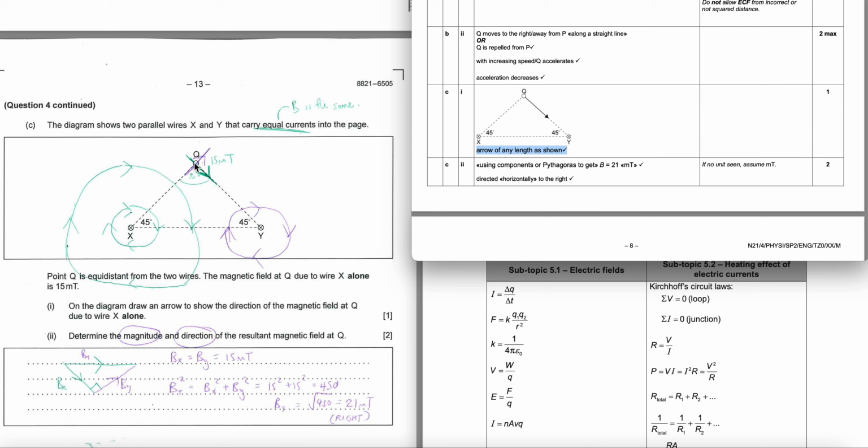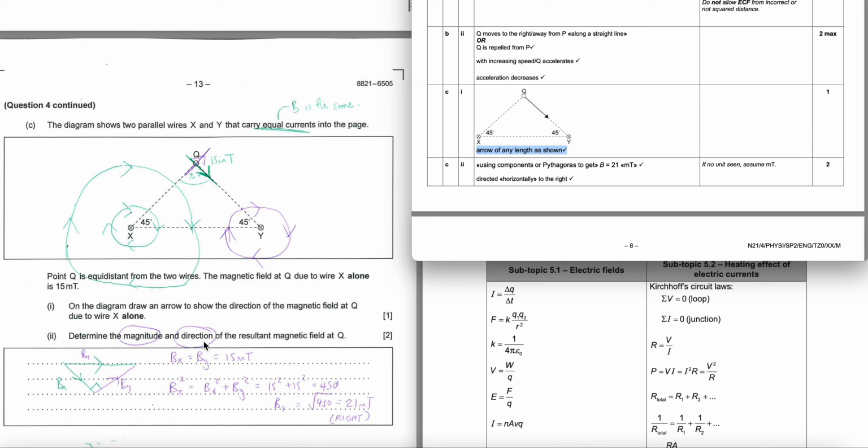We're now adding two vectors together, and those two vectors are clearly at right angles to one another. Okay, they're going to add together, just as I've added my triangle here, to make BT. I've called the field due to X, BX, plus the field due to Y, BY, is going to make BT, which is the total.